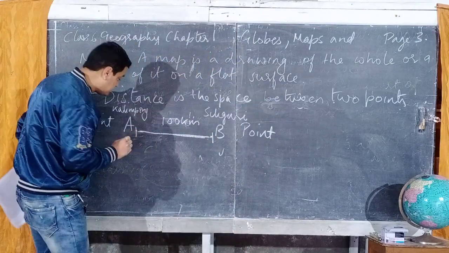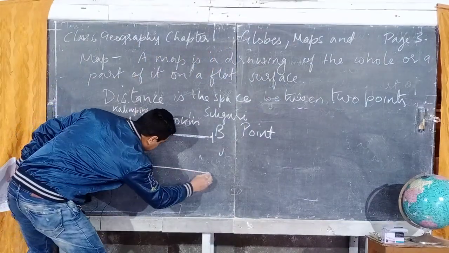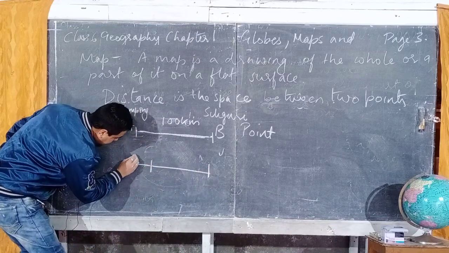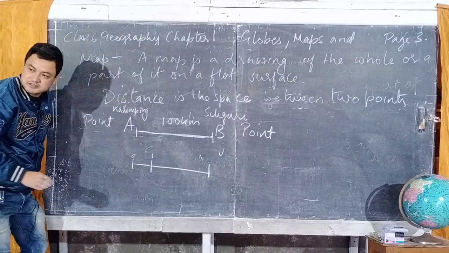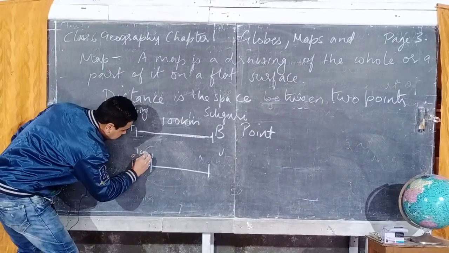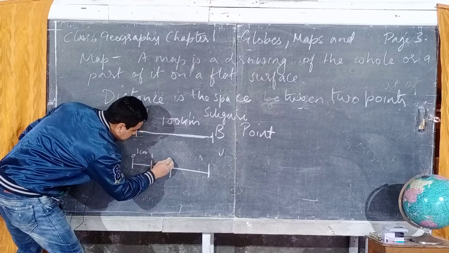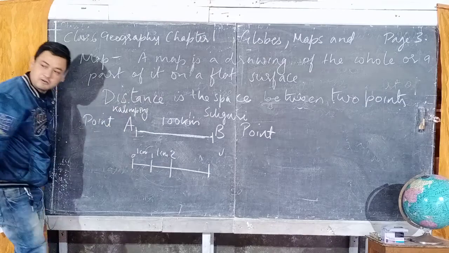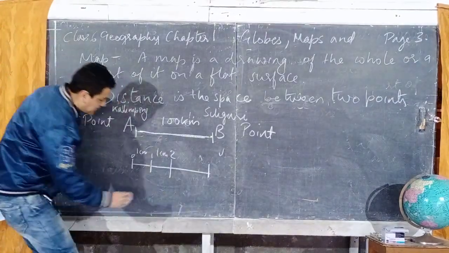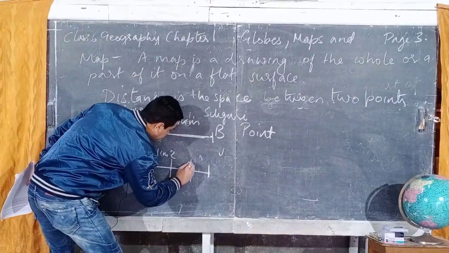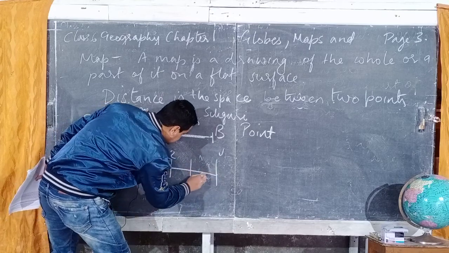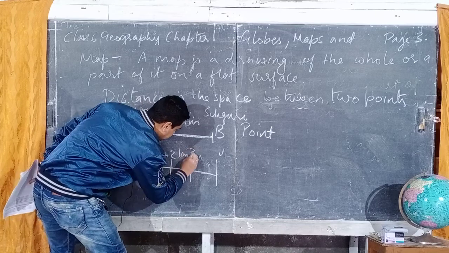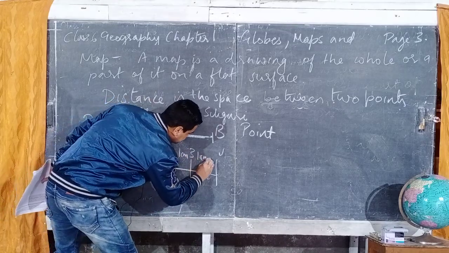I will make a scale here. From 0 to 1 is 1 centimeter, from 1 to 2 is 1 centimeter, like a ruler you have. Here I will make a point for 3 centimeters, and this is 4 centimeters.